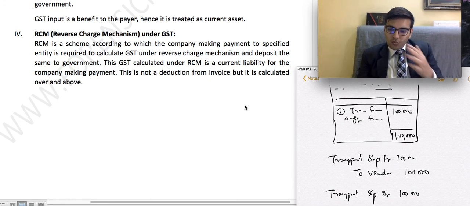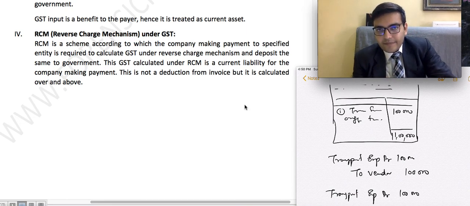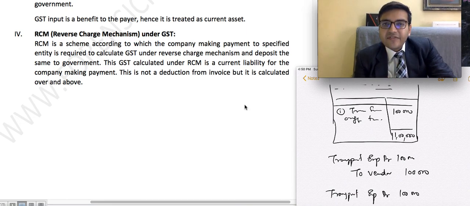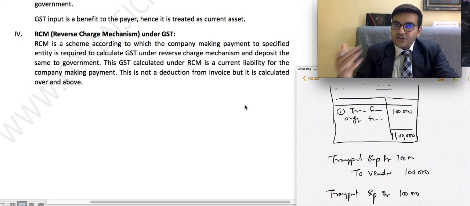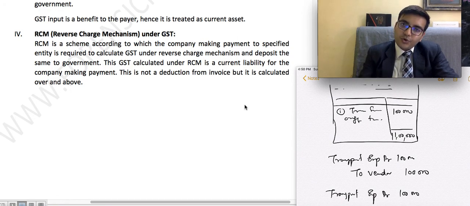Okay, now what will be the debit part of it? See, it is very simple. When I am charging GST on the additional amount, I am paying this 18,000 rupees in excess to the government. So I will take the input credit of it also. It is a very simple thing.